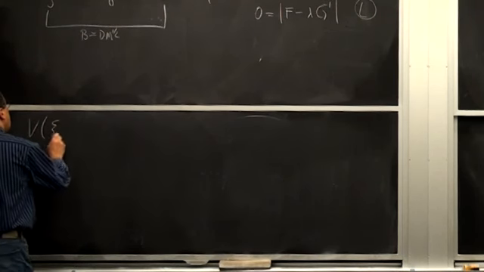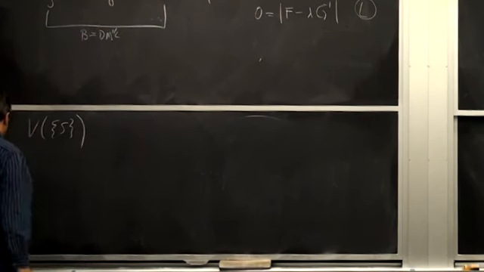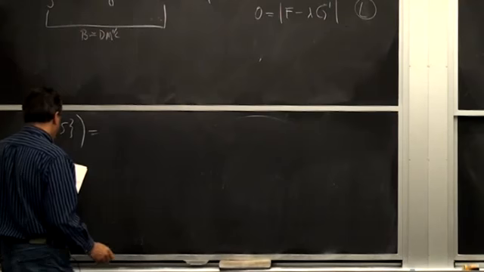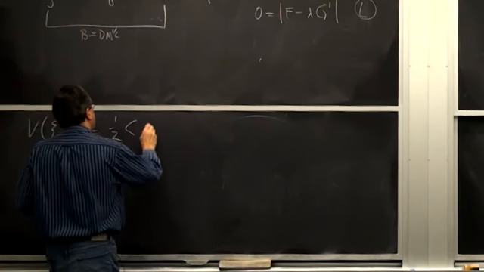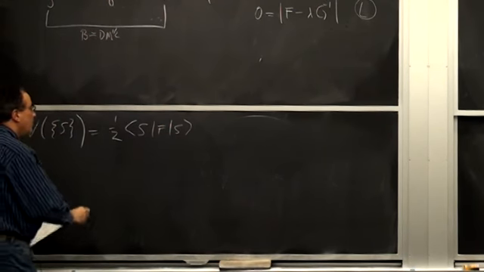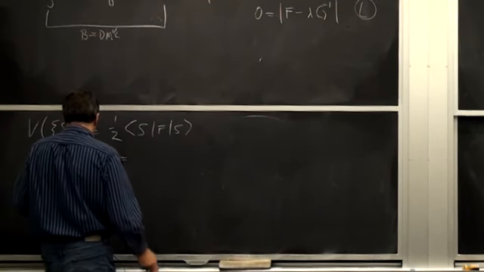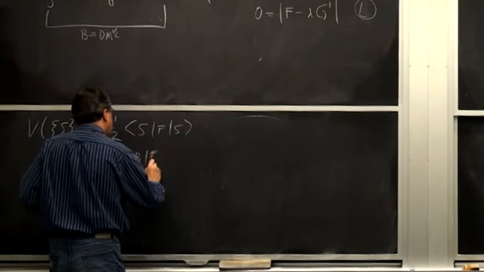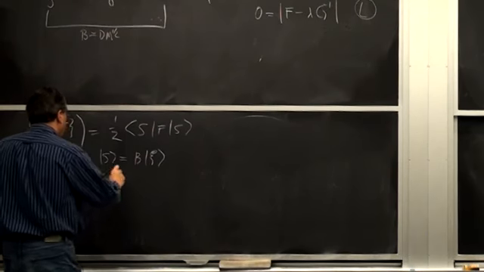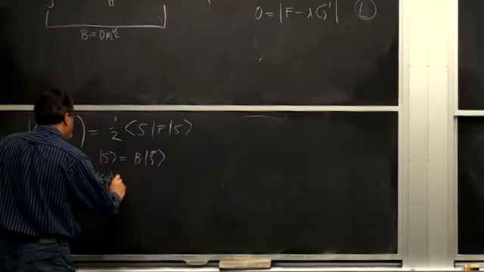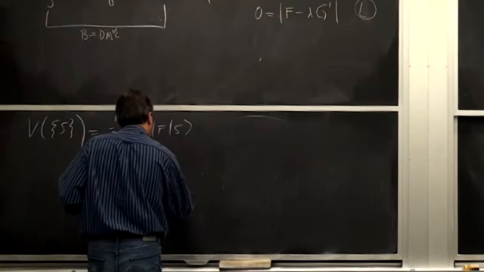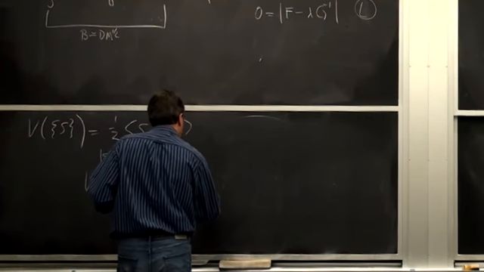We can write the potential energy as one half SFS. But S is equal to B psi. So V of psi is equal to 1/2 psi B dagger F B psi.